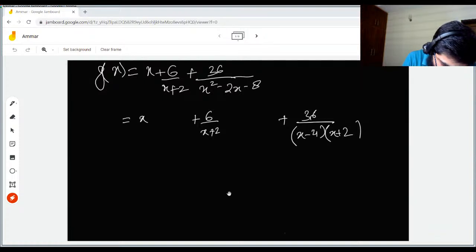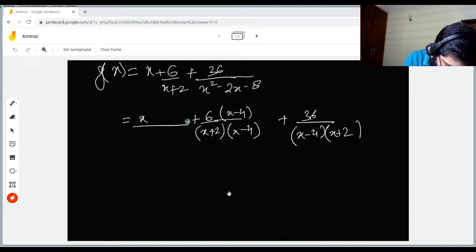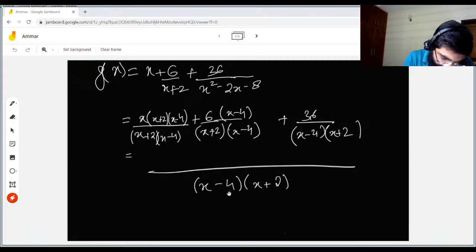What's missing is x minus 4. So I multiply and divide with x minus 4. This one's missing both, so I put both of them as 2 times x minus 4. Alright, now I can write this whole as multiplication of x plus 2 and x minus 4.